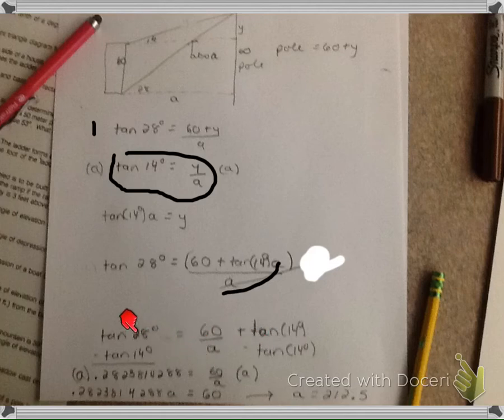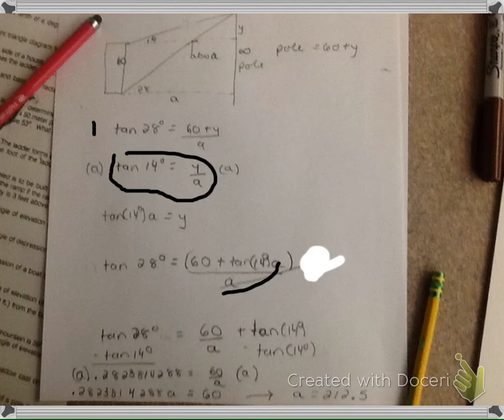And over here, if I subtract the tan of 14 degrees, I'm going to get this value that my calculator gave me, and I want you to check that and see that you got it. All I did was I entered the tan of 28 degrees and then minus tan of 14 degrees.